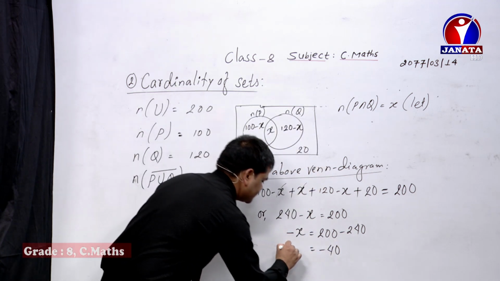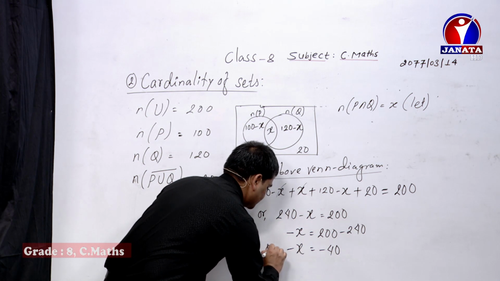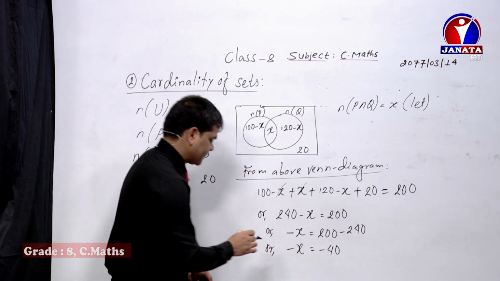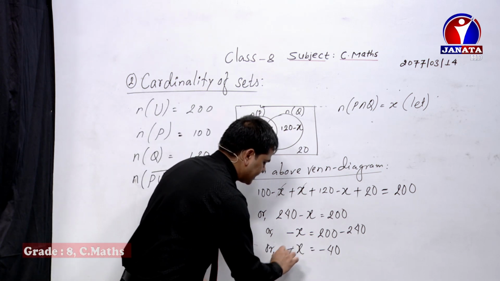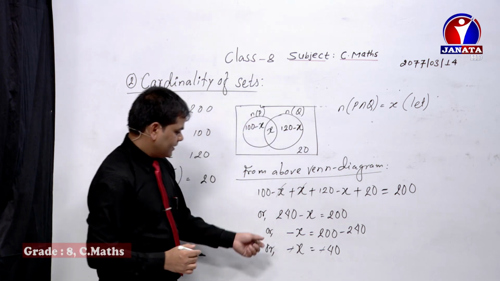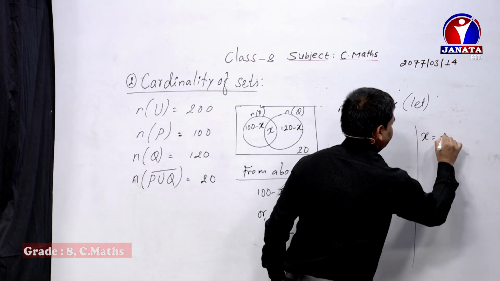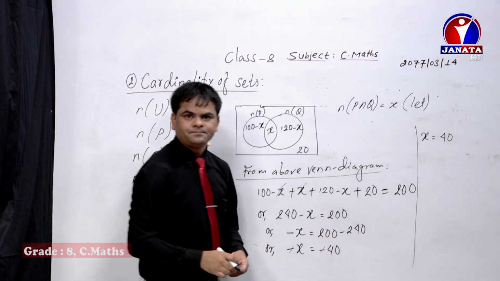Now this side has minus x, so minus on both the right hand side as well as the left hand side, can we cancel? So let's cancel the minus sign. These two are cancelled. Now the value of x came as 40.